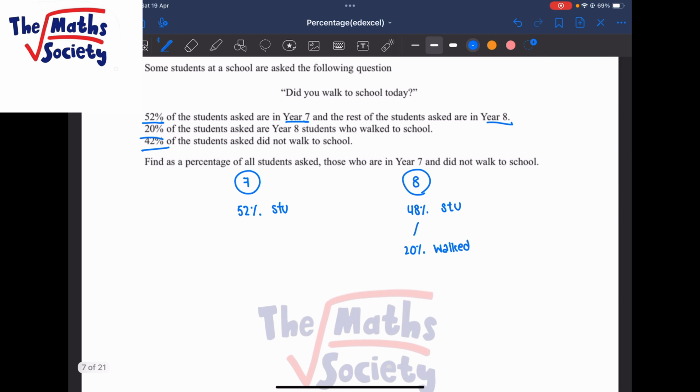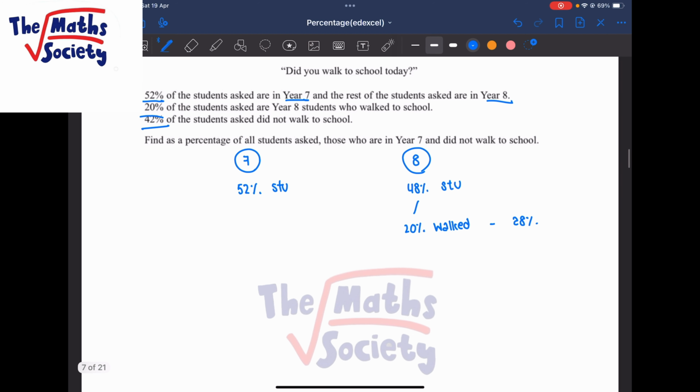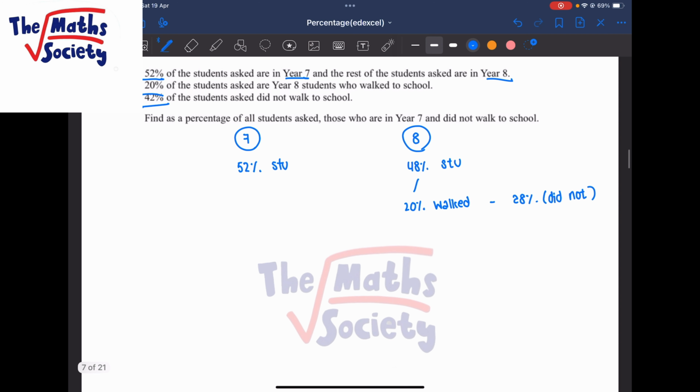And then 42% of the students did not walk to school. It says that is the total of the students that didn't walk to school. So the year 8 students that didn't walk to school were 28%. 28% was the percent that did not walk to school. And the total that didn't walk was 42%.